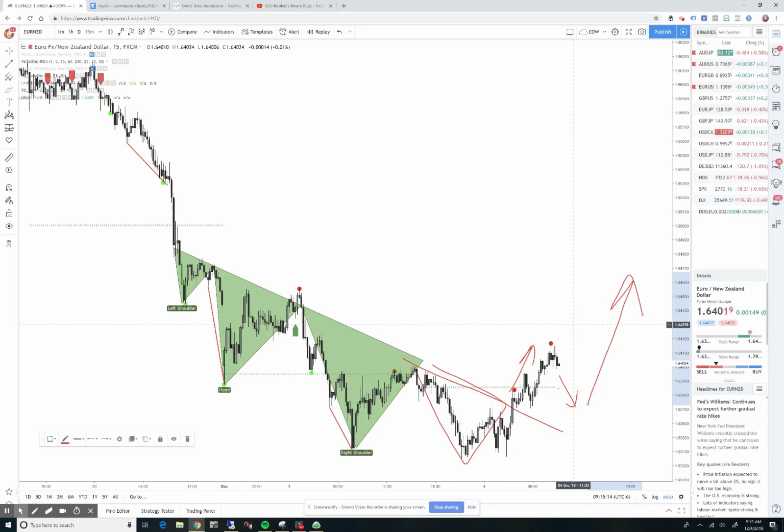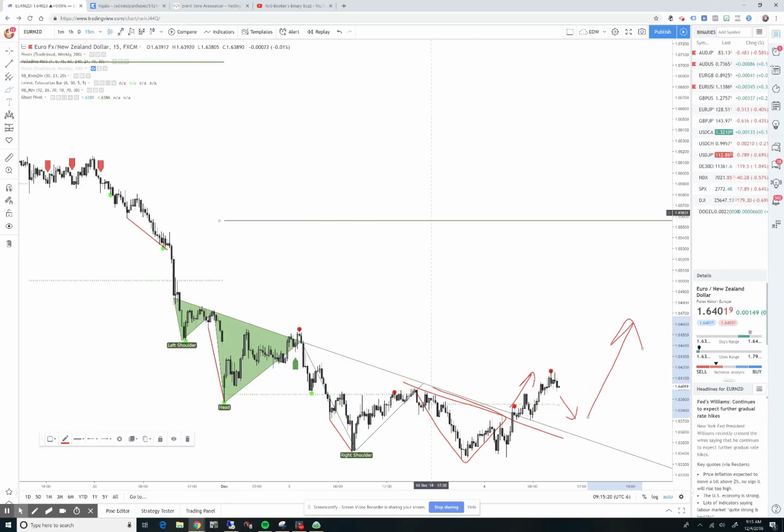Now, if that reversal is really meant to be, which I think it is, we've got all kinds of really wonderful profit targets. We've got a weekly pivot right up here, a long way up there. Typically in a situation like this, price will easily get to halfway the distance to that weekly pivot.